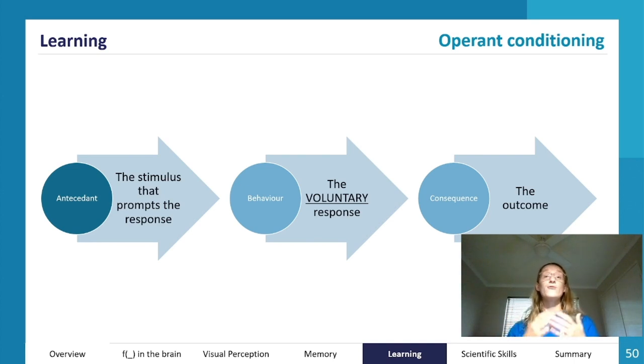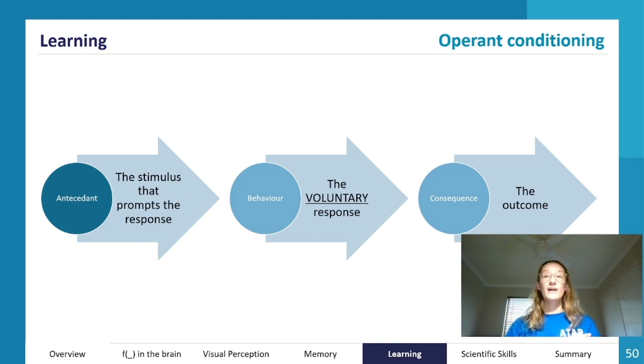For example, if one of the siblings chose to hit their sibling rather than resolve the conflict constructively, that's the behavior that child has consciously and voluntarily chosen. Again, we have our antecedent, the stimulus that prompts the response, which in our example is our behavior, our voluntary choice to hit.